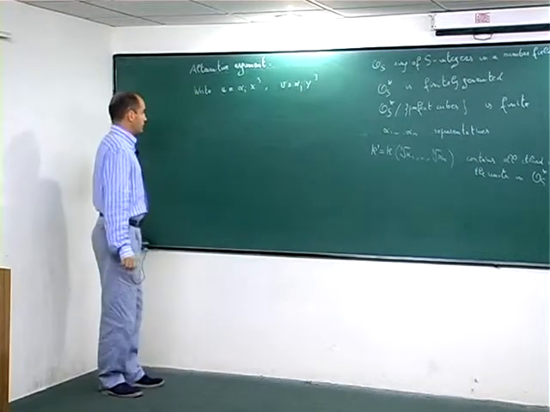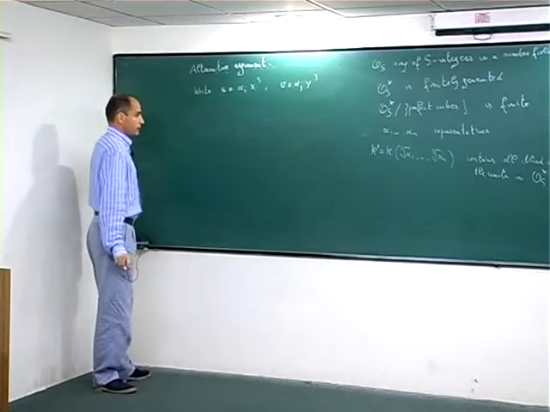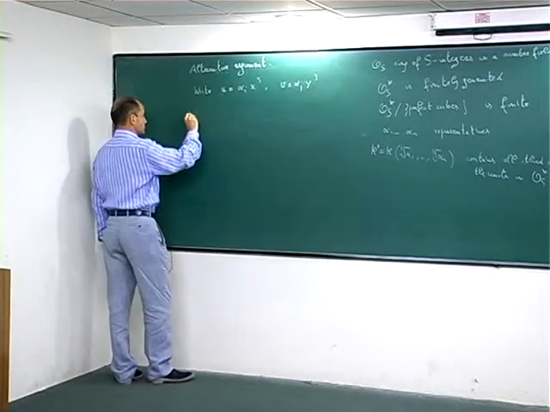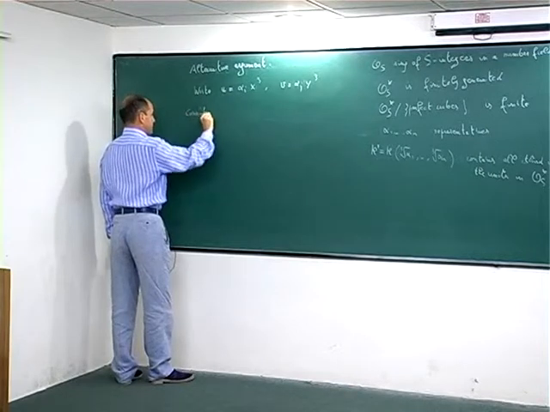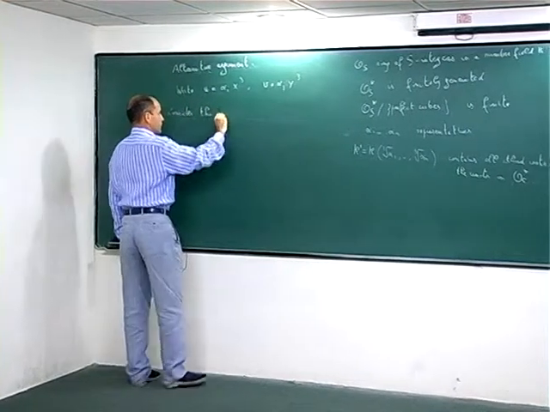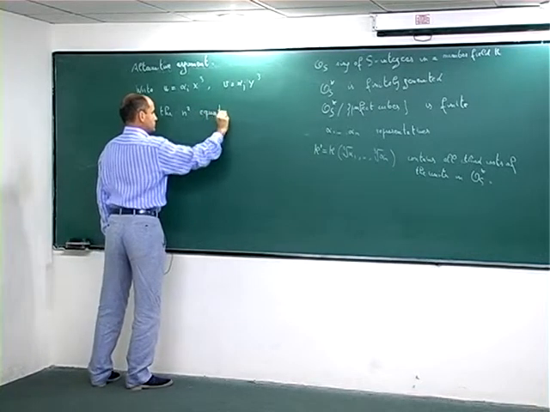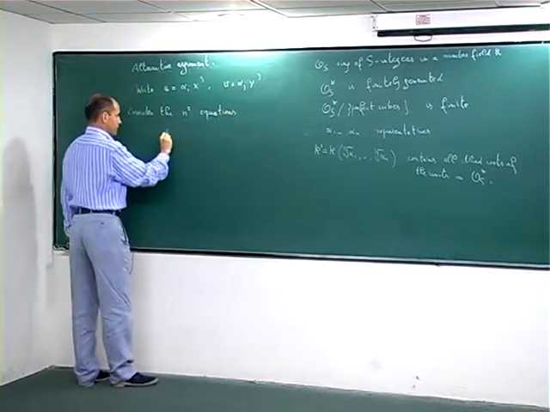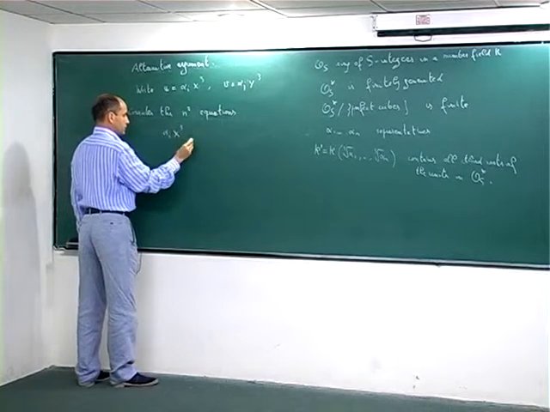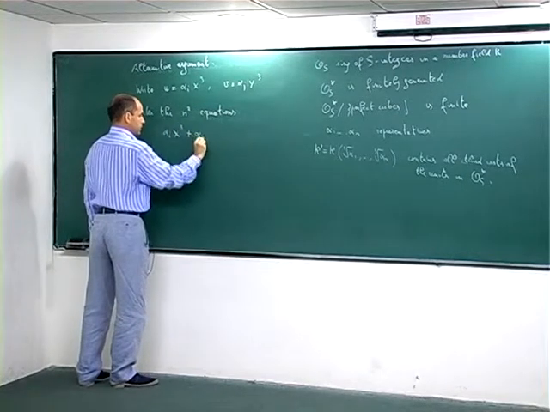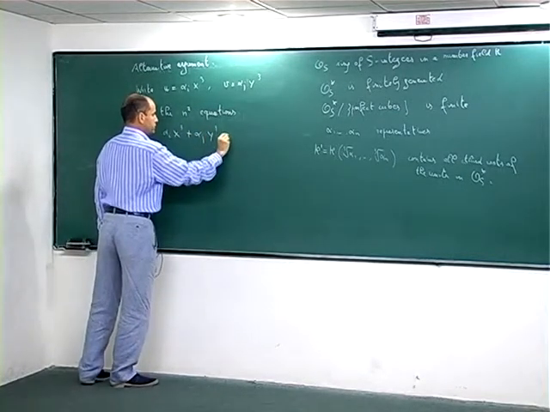So I consider the n squared equations alpha_i x cubed plus alpha_j y cubed equals 1.